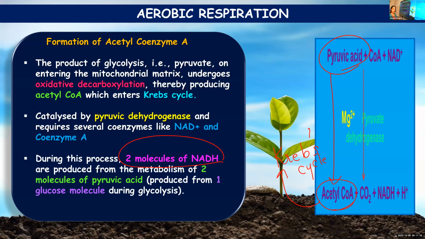Even though one glucose molecule enters the glycolytic cycle, at the end we get two molecules. So every glucose molecule will release two pyruvic acid molecules at the end of glycolysis. For every pyruvate molecule, we get one molecule of NADH. So two pyruvate molecules give two NADH molecules.